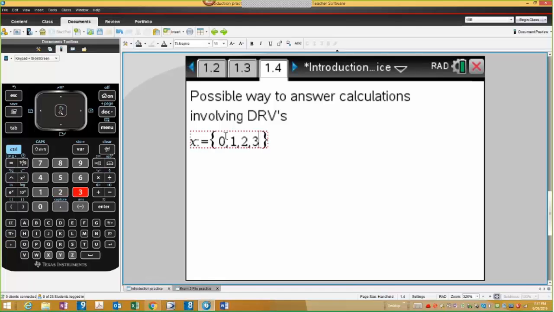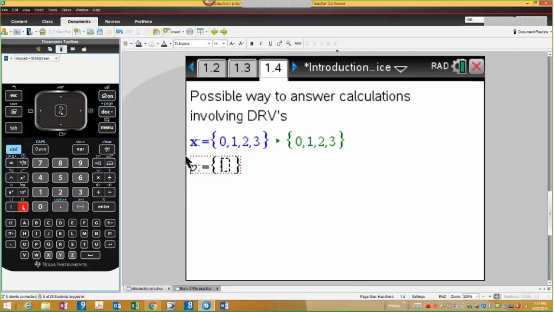So as you can see, my separate values for the discrete random variable are separated by commas, and I'll press enter. Now I'll define a variable called p for the probability, and again, the probability values for each of those corresponding values of x have to be displayed in a set of curly brackets and separated by commas.